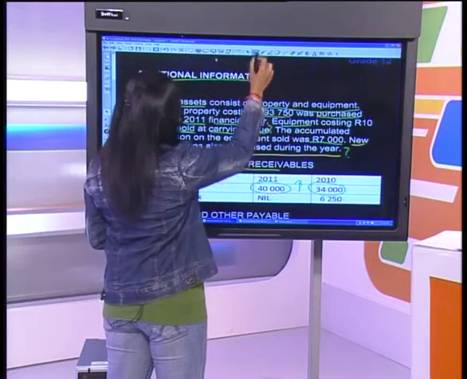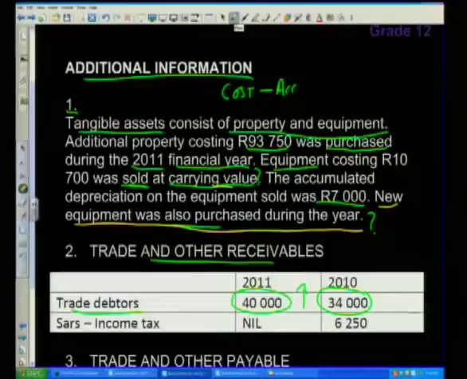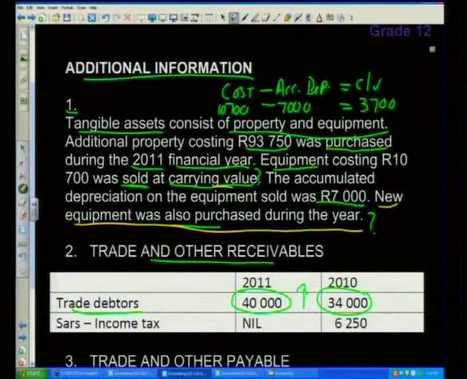In order for me to calculate carrying value, I'm taking my cost minus my accumulated depreciation, and that would give me the carrying value. So let's now look at your cost. Equipment costing 10,700 minus accumulated depreciation thus far was 7,000. So if I subtract 10,700 minus 7,000, my carrying value, this equipment, people, is worth 3,700.